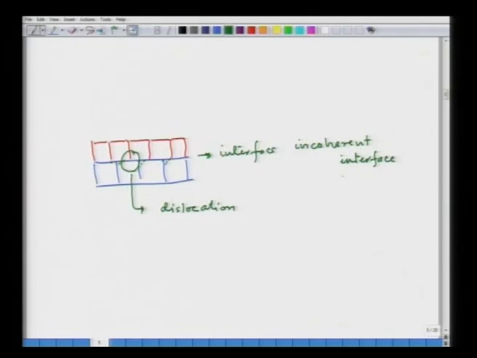The incoherent interface would happen only when the lattice mismatch is high, and the coherent interface requires good lattice matching.